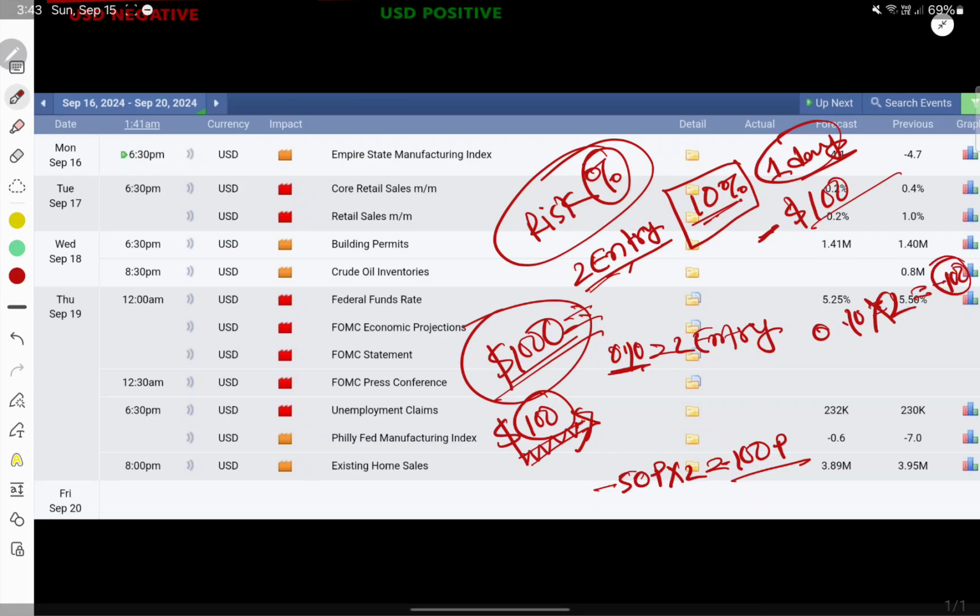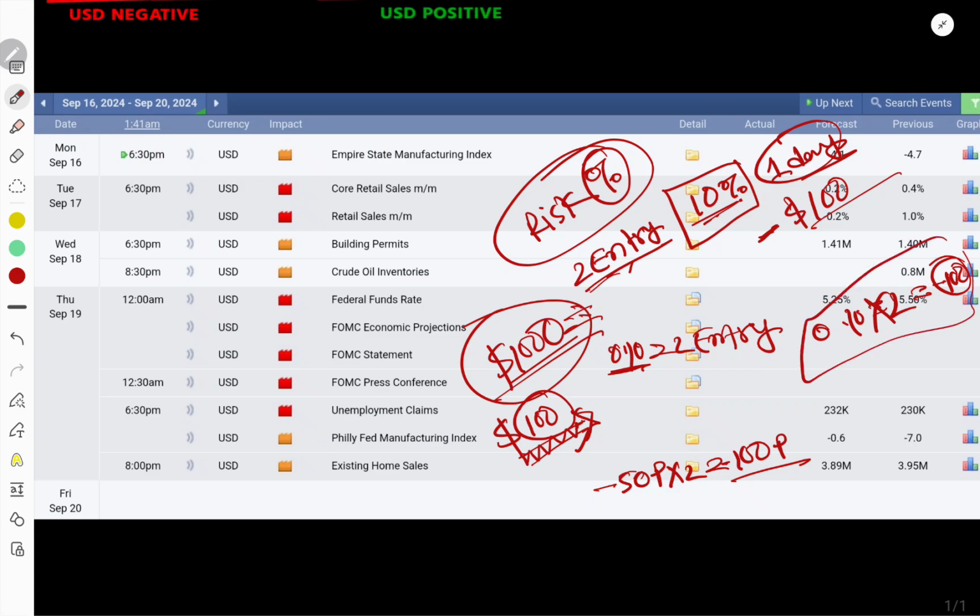Suppose a trade is going negative and you keep adding more and more entries. That will be risky for your $1,000 account. You must be concerned about your SL. Without SL you may win 5 trades in a day, but on another day you may lose in one trade, minus 1,000 bucks.